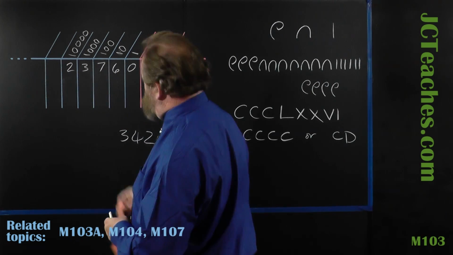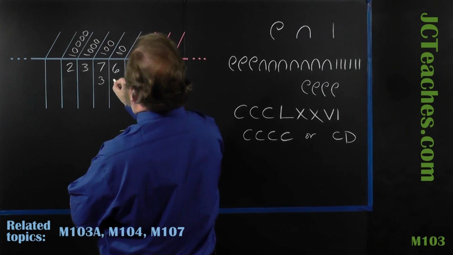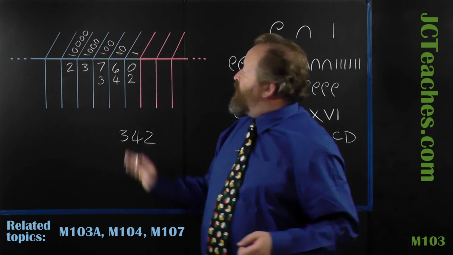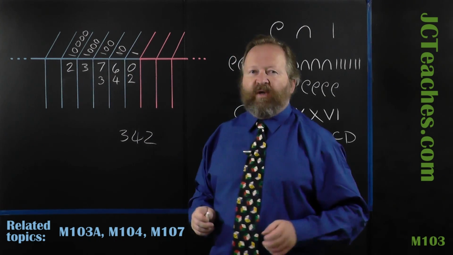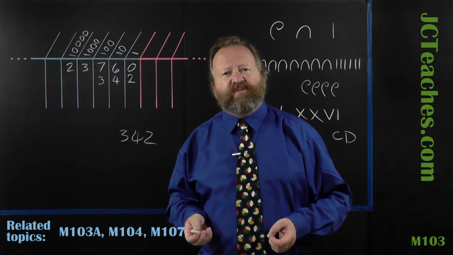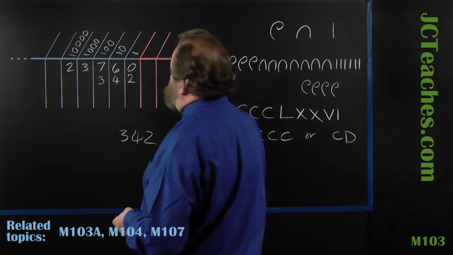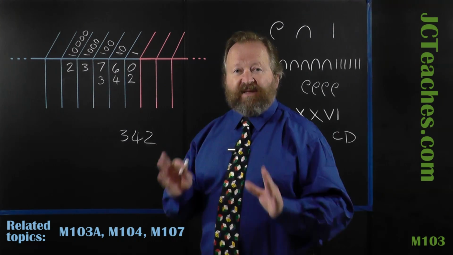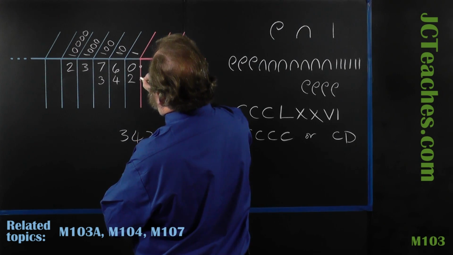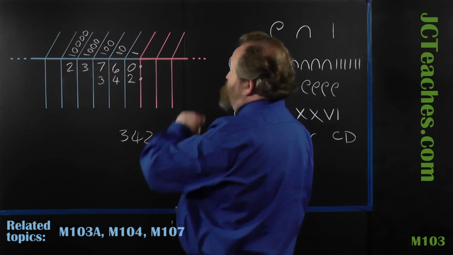So if I remove the 342 and put the 342 there, that makes sense. We line up the right-hand end of the number. Well, actually we're lining up the decimal point. If you have a decimal number, then it's not the right-hand end of the number that you line up, it's the decimal point. So if I put decimal points here, and imagine this number has a decimal part at the end.